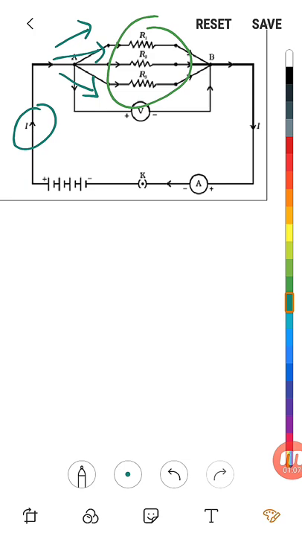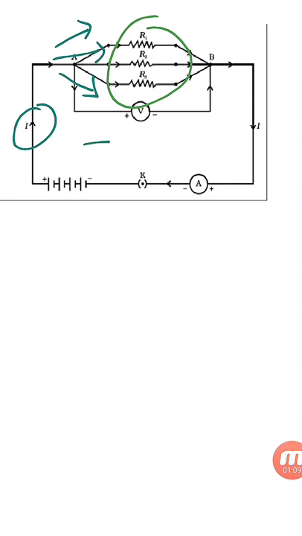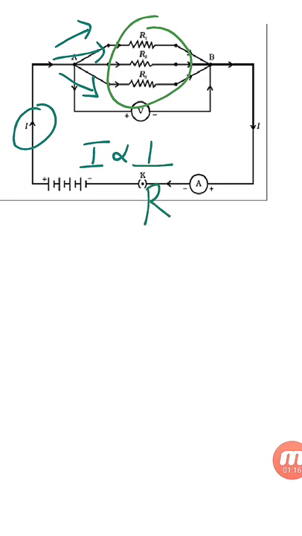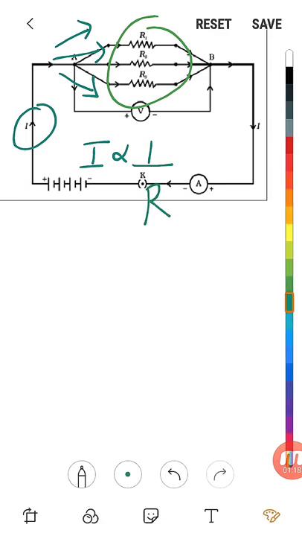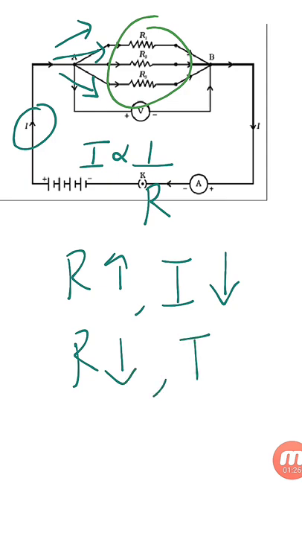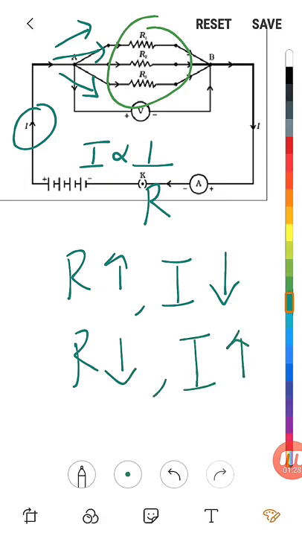Always remember that the current flowing through any path is inversely proportional to the resistance. So if the resistance is greater, the current flowing through that path will be less, and if the resistance is smaller, the current flowing through that path will be more. That's common sense, right?